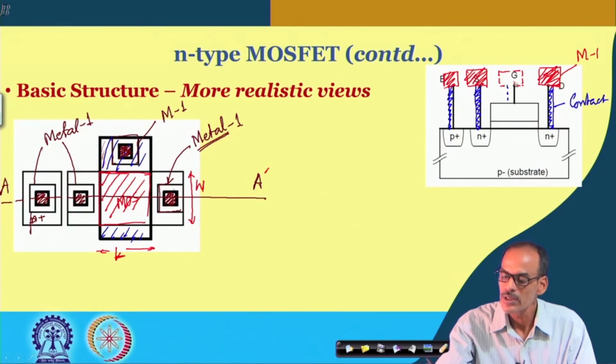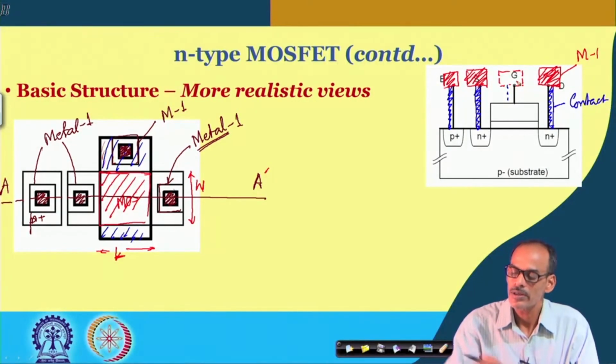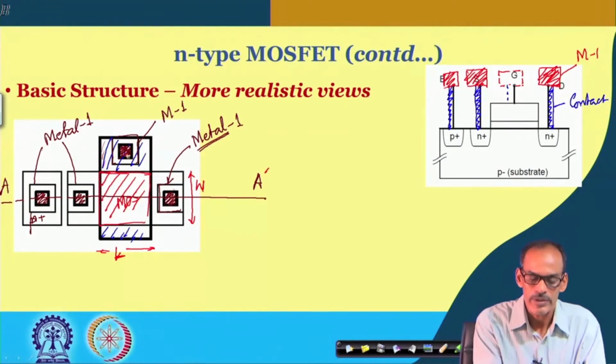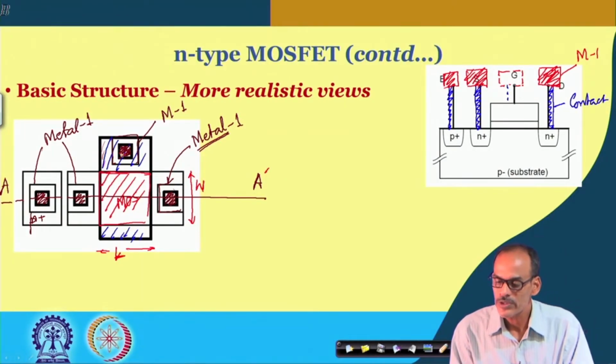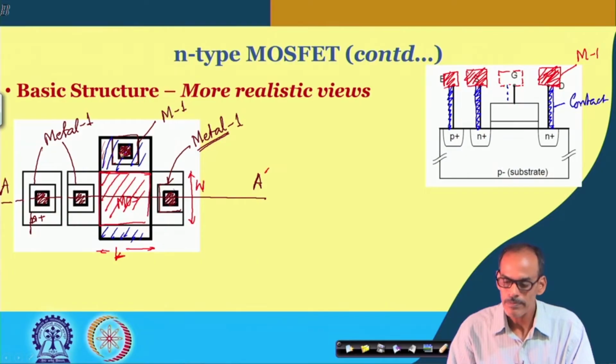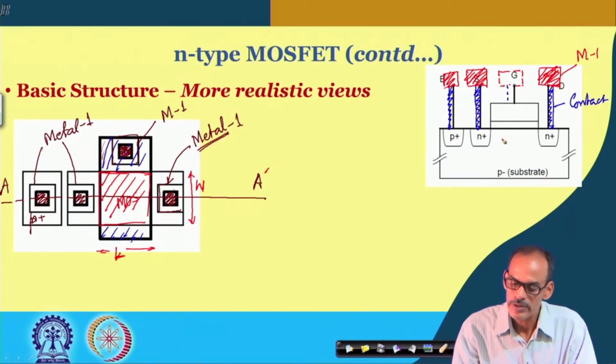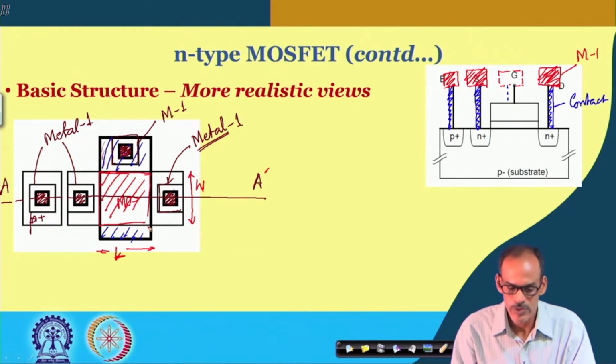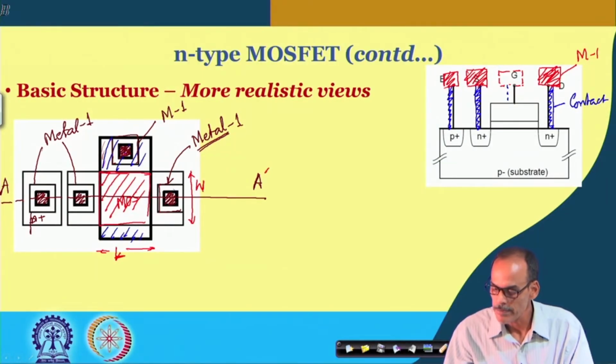So, this metal 1 and the corresponding contact, particularly for the gate, we are not really crossing. This is a more realistic view of the cross sectional view of the transistor. And note this oxide, let me use a different color.